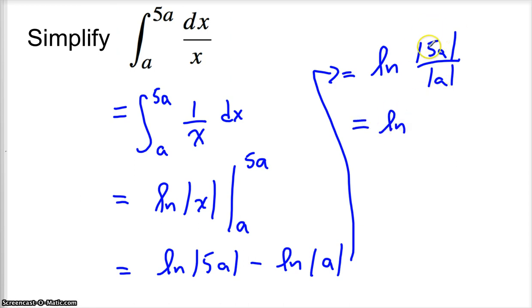We'll rewrite the top as 5 times the absolute value of a over the absolute value of a. So all I did is take the 5 outside the absolute value sign, and 5 is positive, so that's no problem here. And the absolute value of a divided by the absolute value of a is 1, so this simplifies to ln 5.